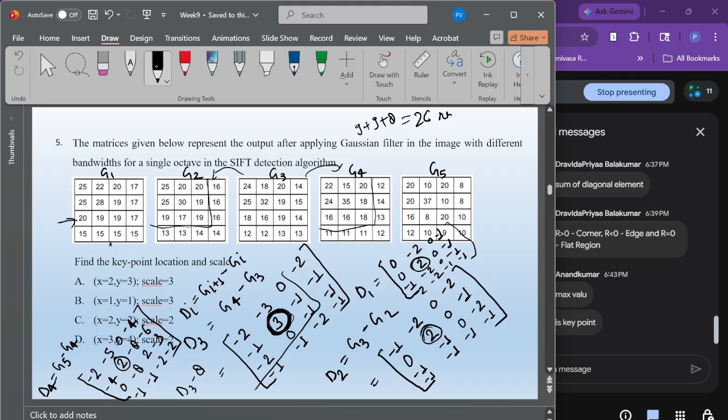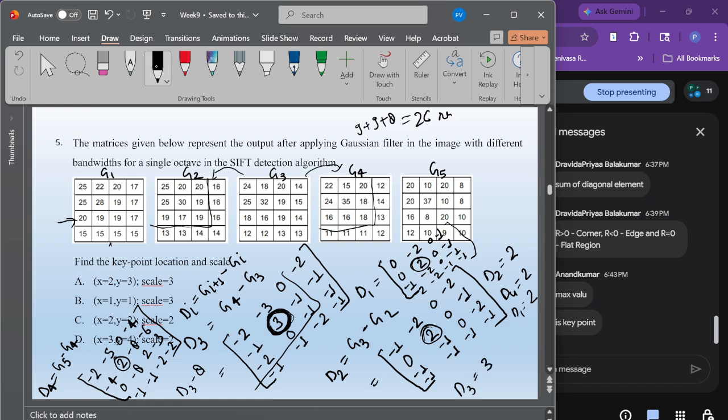In all the D1, D2, D3, D4, only 3 is the highest. The highest value is 2 in D2, 2 in D4, and in D1 as well the highest value is 2. But in D3, the highest value is 3.